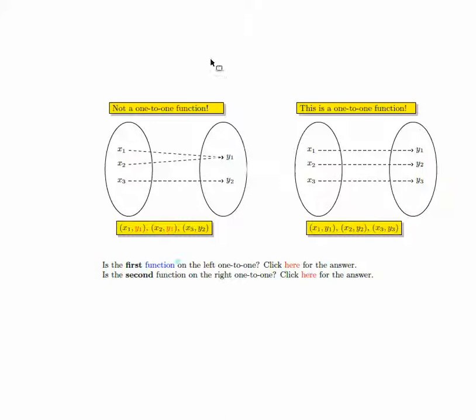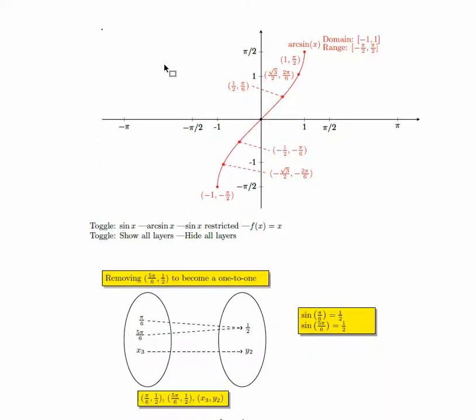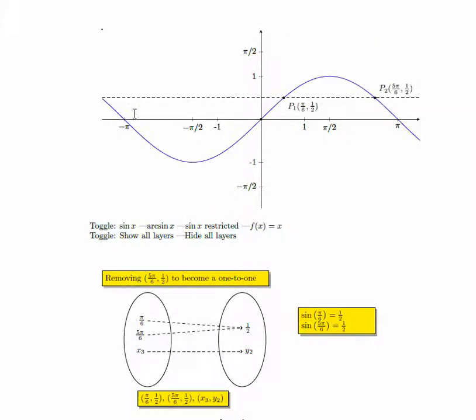If you go back to look at sine x, let me get the sine x picture out. This is the graph for sine x. You know, sine pi over 6 is 1/2 right here, and also sine 5 pi over 6 is 1/2.